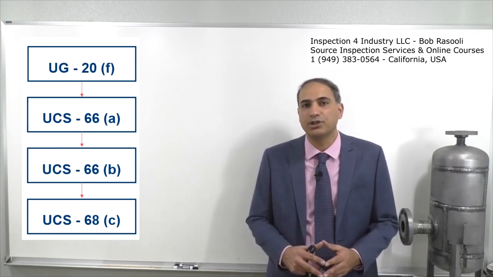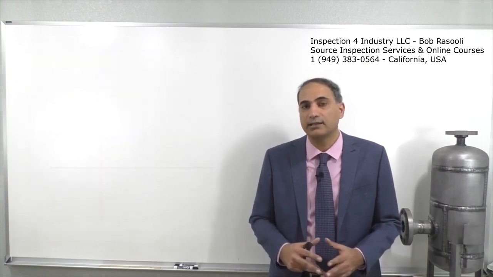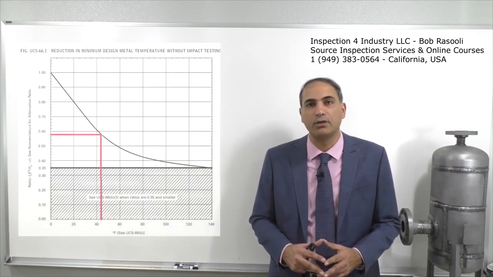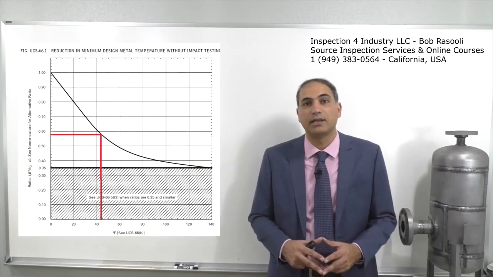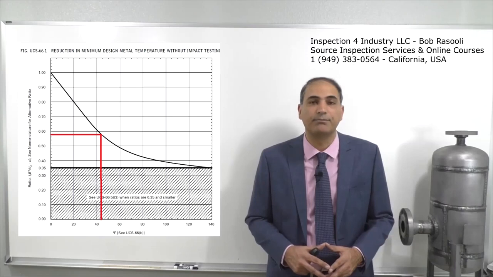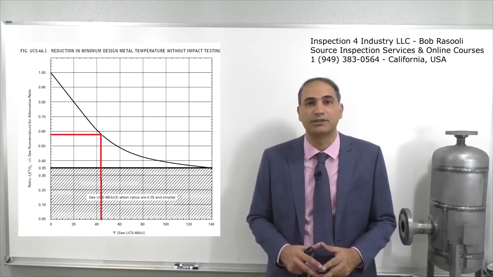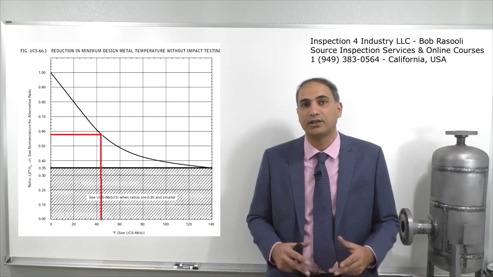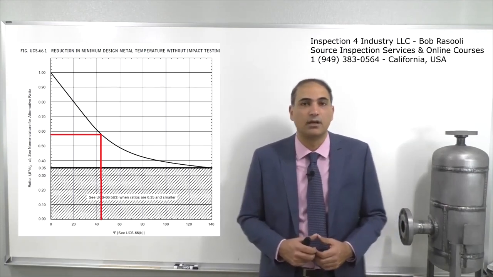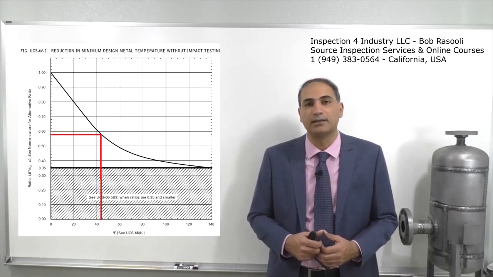The coincident ratio is the curve that you can see on my right. We're going to calculate a coincident ratio, the formula is there, and then we can see if we can get some reduction in our minimum design metal temperature, I mean those 14 degrees Fahrenheit that you see in the chart, to see if we can get some bonuses from this chart and get exempted from the impact testing.